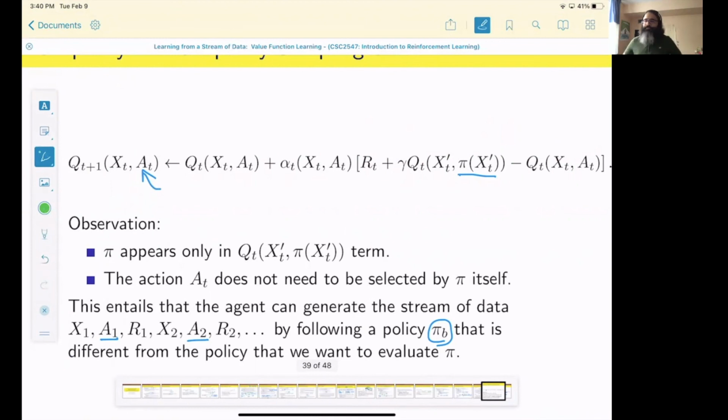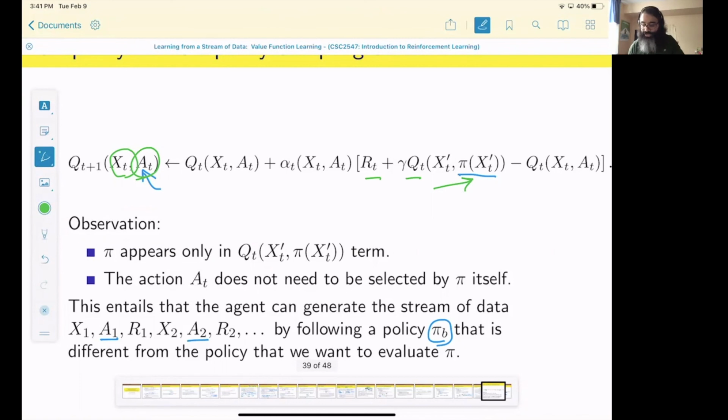The idea is that in order to update the action value function, we need to compute or update the value at state X and action A. When we want to do the evaluation, the computation we need is to add the reward to Q at the next state, with the action selected by policy pi.